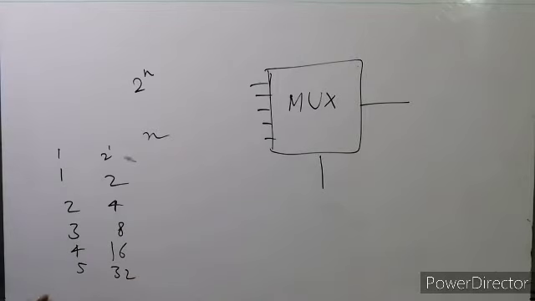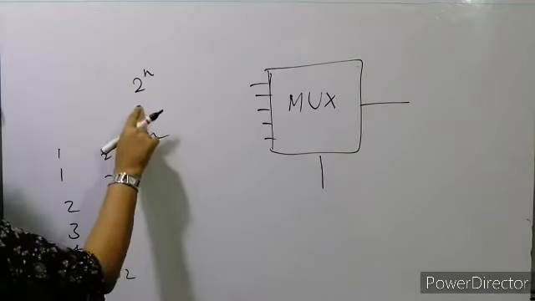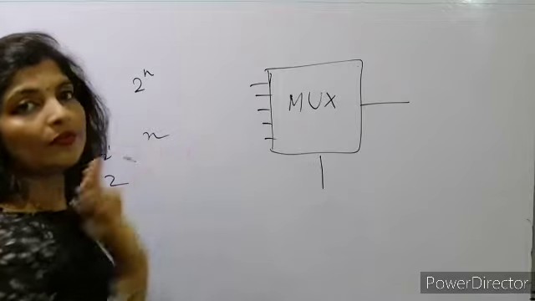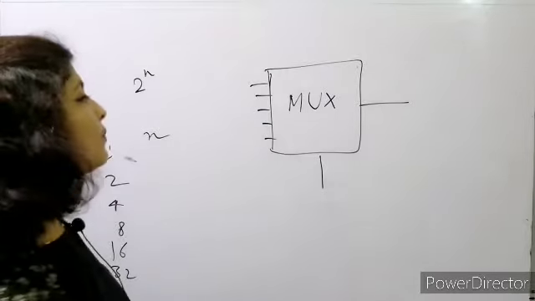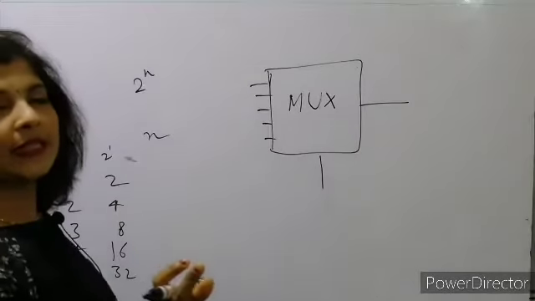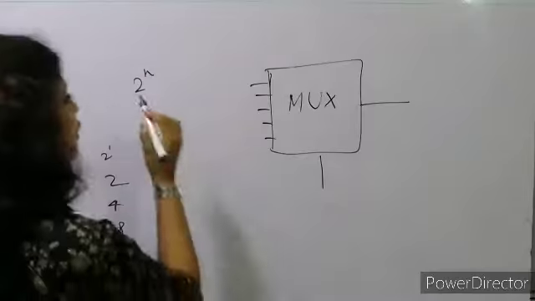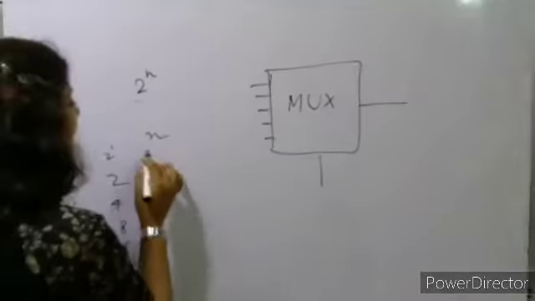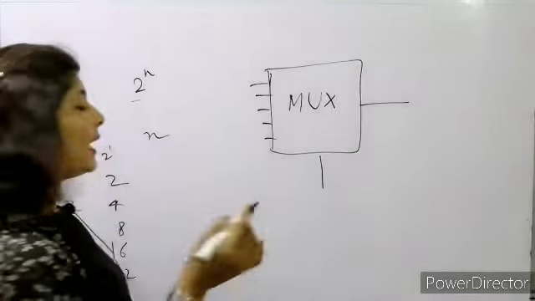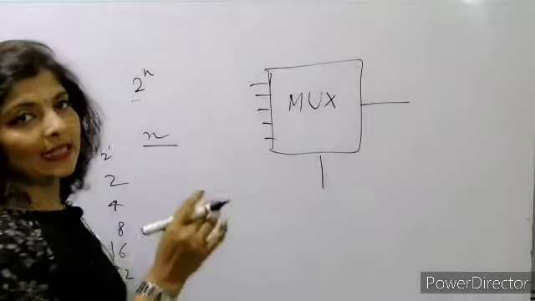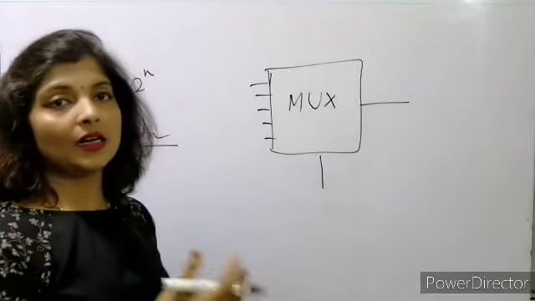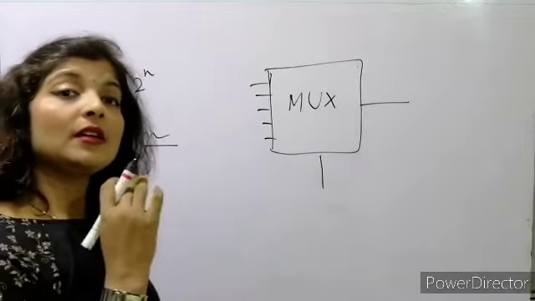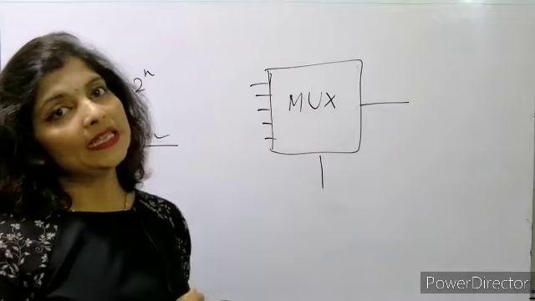It is always like this. So 2 to the power n input lines and n selection lines, and only one output. The bit combination of the n select lines will determine which input will be selected.